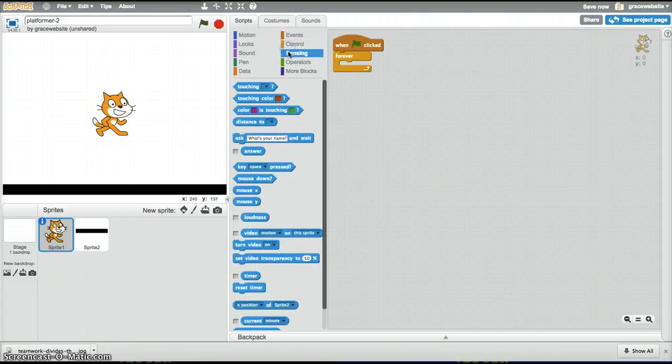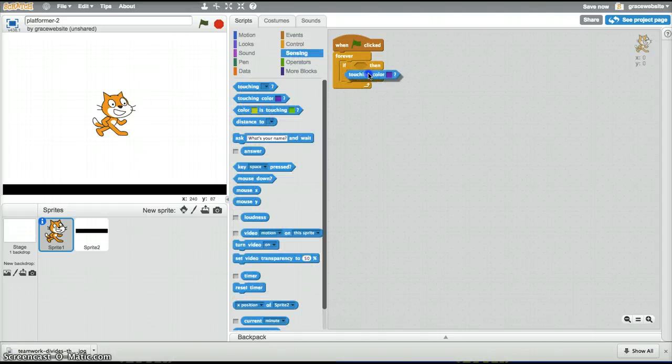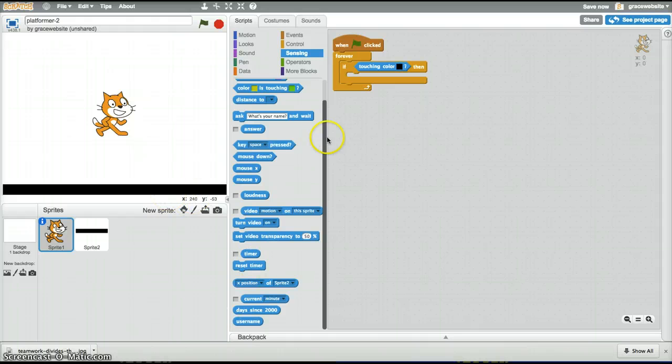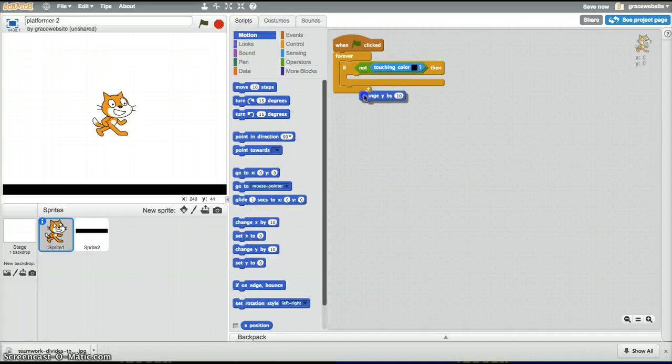So now we add an if. I'm just going to write the code and then explain it. You could either do touching color or touching sprite 2, because that's the ground, or if it's the backdrop then it's touching color black. Basically, it says if it's not touching the ground, we need it to slowly fall.